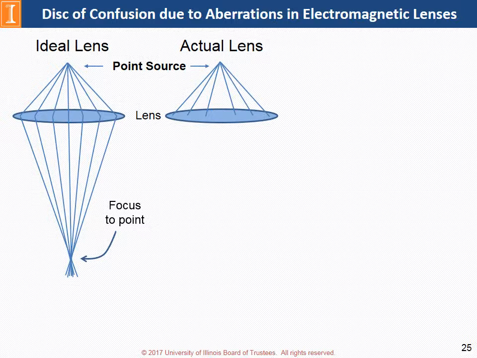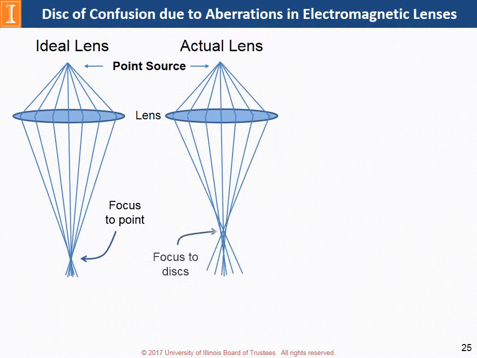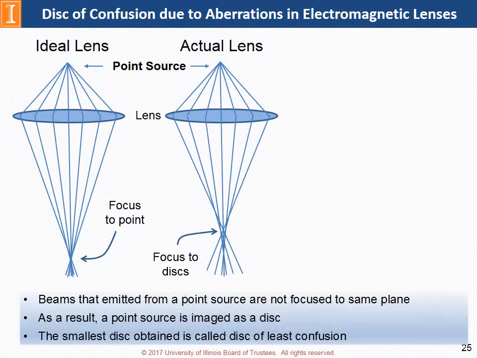So the point source is focused to a point. But ideal lens does not exist. In the actual lens, beams emitted from a point source are not focused to the same plane. Therefore, a point source is focused to disks. We call these disks disk of confusion. The smallest disk obtained is called disk of least confusion.